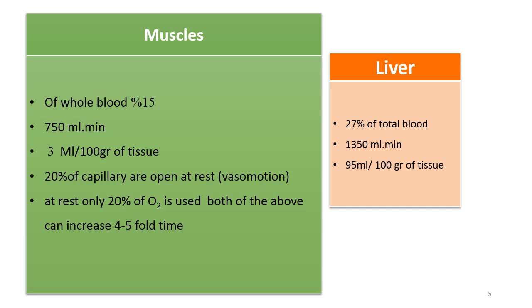And in the muscle, only about 15 percent of blood is circulating in the muscles, and 750 milliliters per minute is the blood flow in the muscle. About 3 milliliters per 100 grams of muscle.